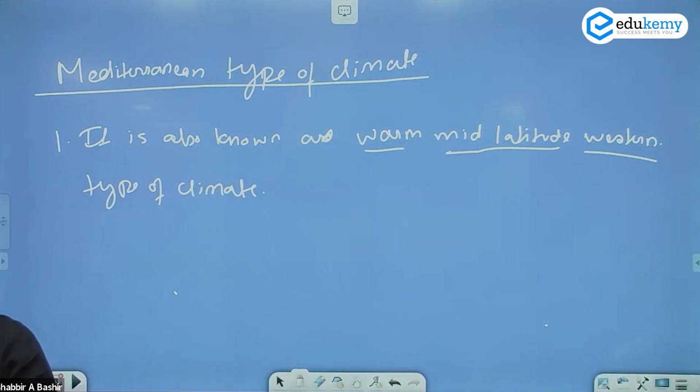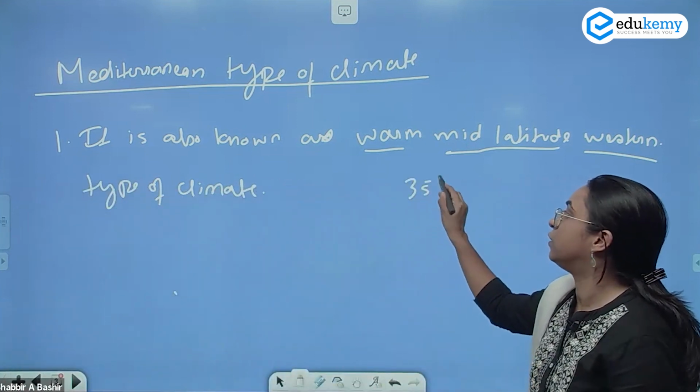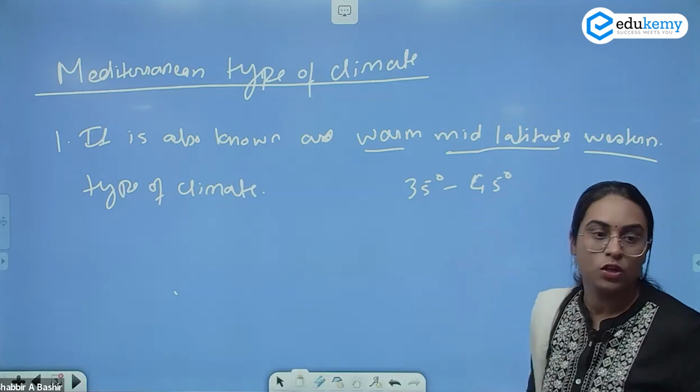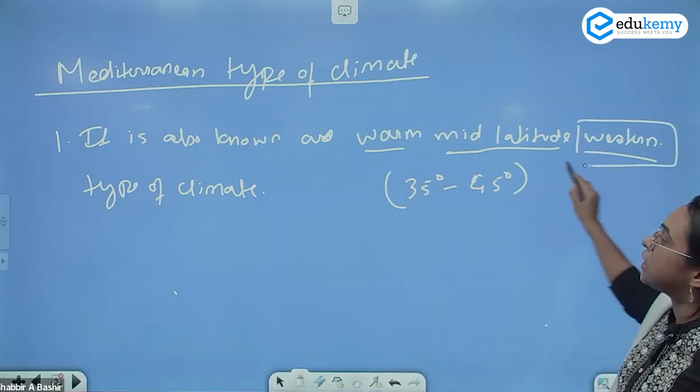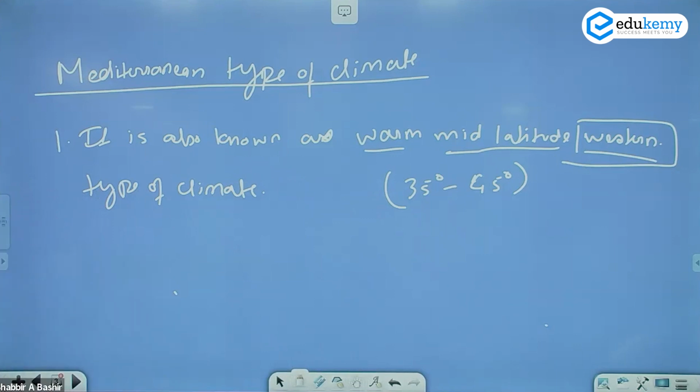What do we mean by warm mid-latitude? Can somebody tell me the degrees? That is from 35 degree to 45, let's say 45 to 55. So it is warm mid-latitude, and I say it is western type of climate. When I say it is a western type of climate, that means it is found on the western region of a continent.